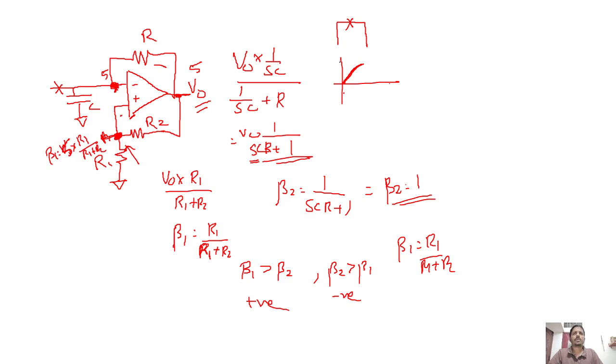So once we reach beta 1 V0, the capacitor charges slowly with some small increment in the voltage across the capacitance. Definitely this voltage will be higher than this.